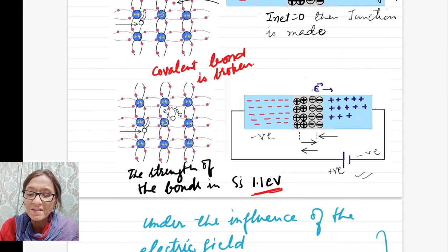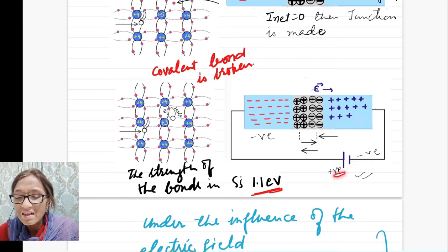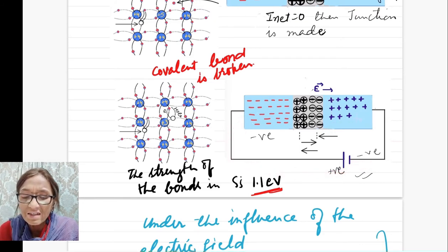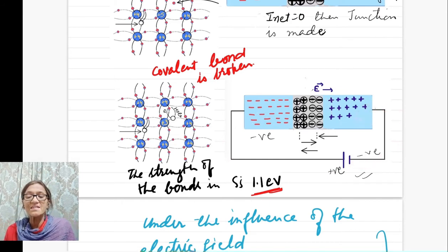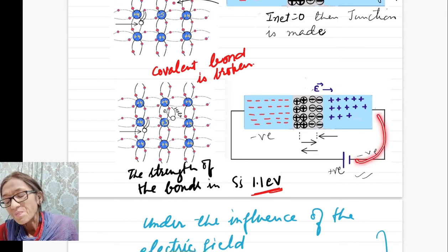Now what happens when you apply a reverse bias? What is reverse bias? When the positive side is connected with the negative side, and the negative is connected with the positive side. This is your reverse biasing. So in reverse bias, what happens?